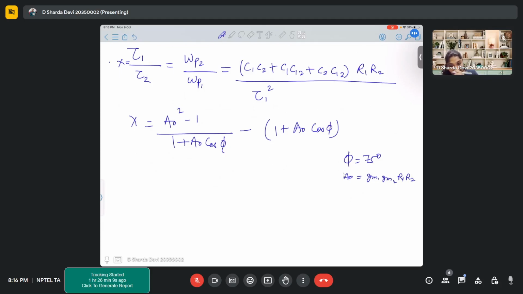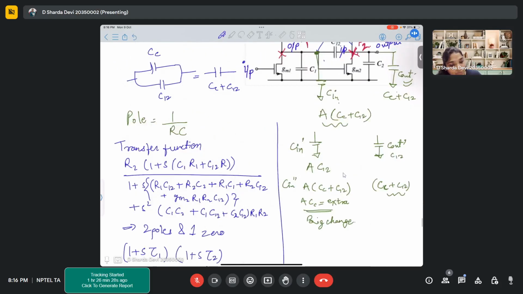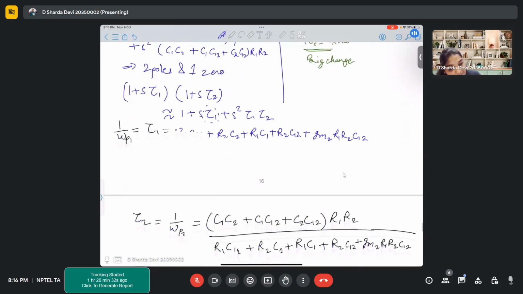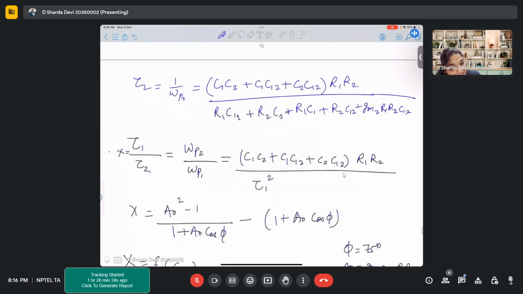By substituting this value, we have to find x as a function of C12. Now this C12 is not the C12 that we know. The C12 that we are calculating here has now changed to C12 dash.